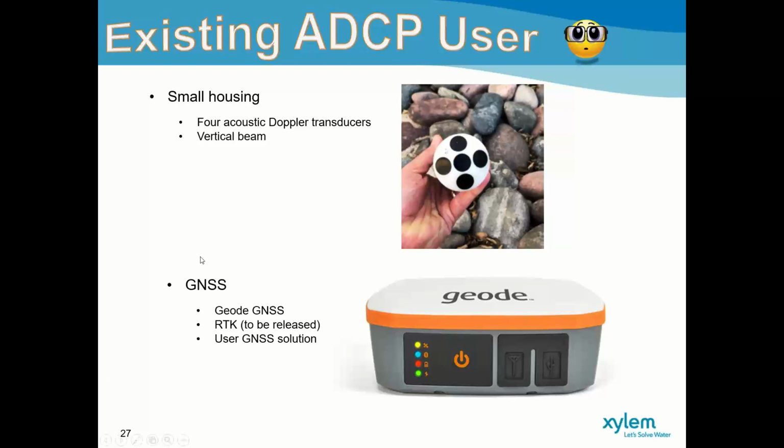GNSS solution, I think, is one of the biggest advantages. SonTek provide the Geode, which is a very simple, compact system. It has its own iPhone app, with which you can collect data on your phone if needed.